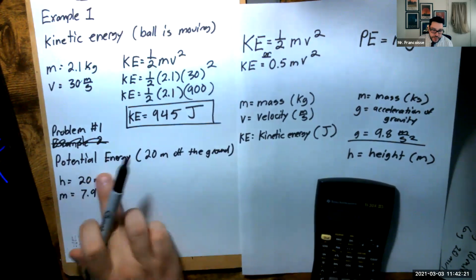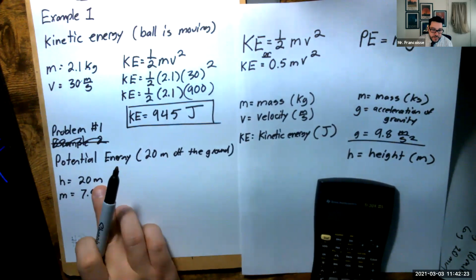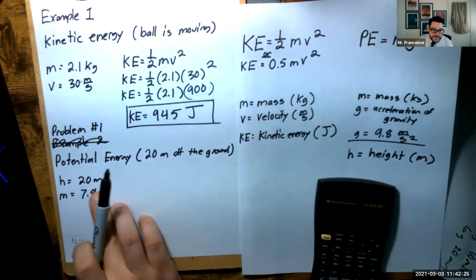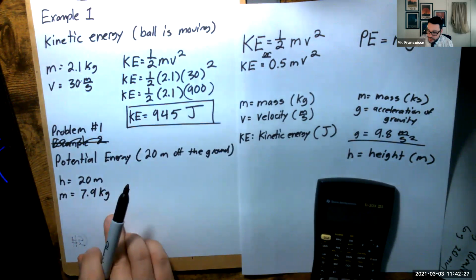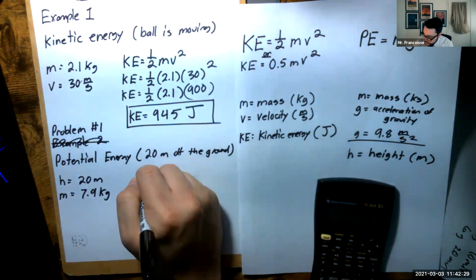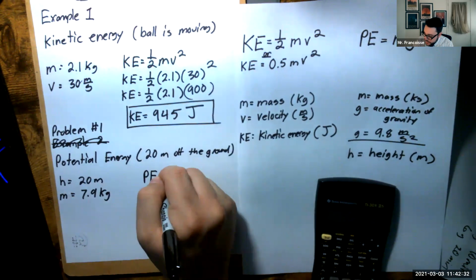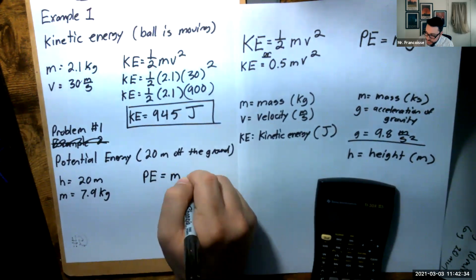So this is going to be all the information that we need here. We know it's potential energy because it has some height, 20 meters off the ground. It has some mass, m. So we're going to plug into our equation, potential energy equals mgh.